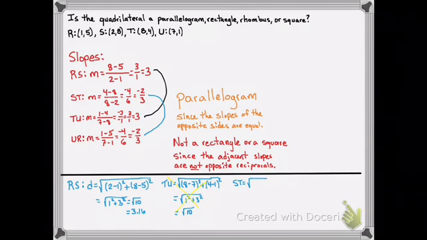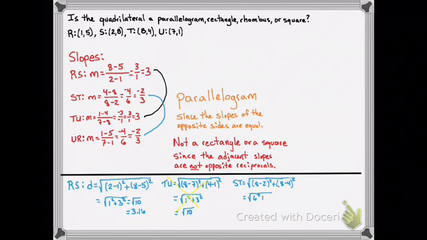When I find the distance for ST, this is going to tell me whether or not I have a rhombus. Using the x values, I've got 8 minus 2 squared, plus using the y values, I've got 8 minus 4 squared. Order doesn't matter when you're doing the distance formula at all, as long as you keep x's with x's and y's with y's.